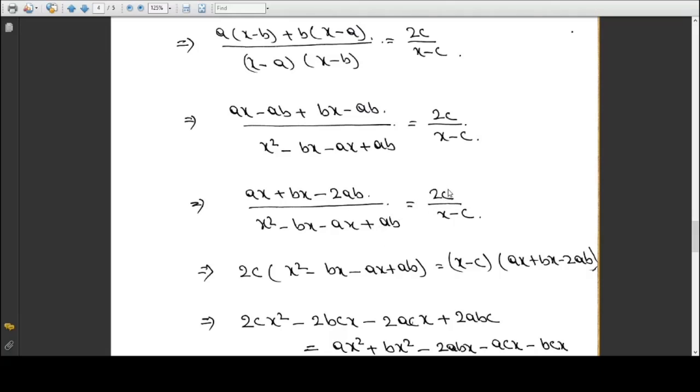But why I've chosen 2c multiplied with this one first is that if you look at this term, the coefficient of the power of x is only 1. Here you can see the power of x is 2. Therefore, the higher power should be taken to the left first.